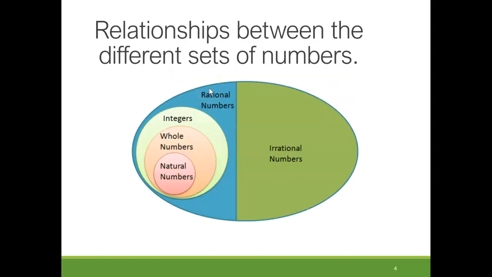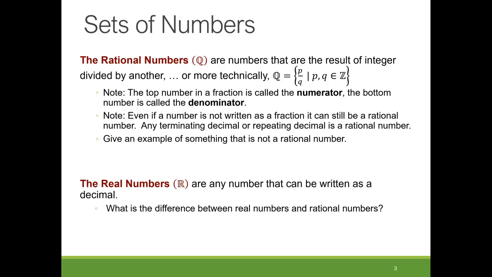Our next set, are the real numbers. Again, we abbreviate the real numbers with the fancy R. Usually when I write it by hand, I just put like a double bar on the vertical. When I write the fancy Q for the rational numbers, I just put an extra vertical bar inside the circle for my Q. The real numbers is any number you can write as a decimal.